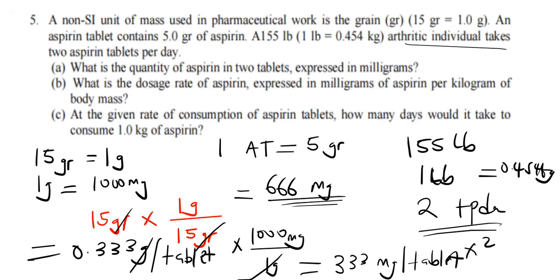Okay, now we have a lot of things here. What is the dosage rate of aspirin expressed in milligrams of aspirin per kilogram of body mass? Okay, so the dosage rate in milligrams per kg body mass. Every time we're talking about kgs here, we're talking about the mass, right?